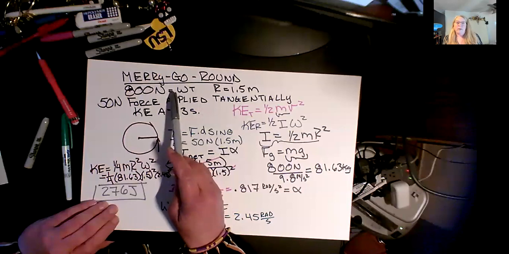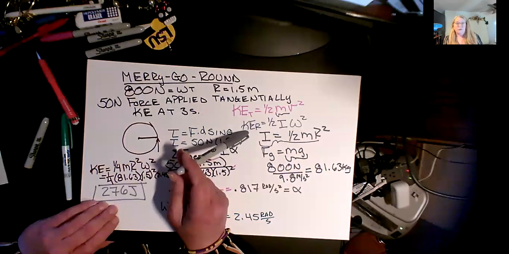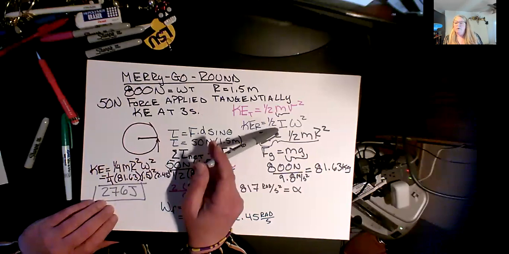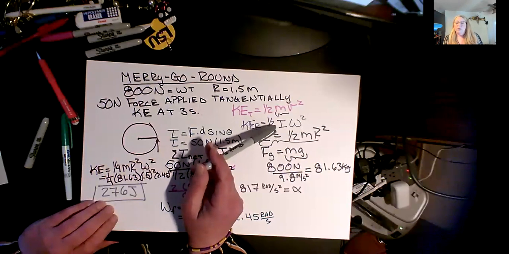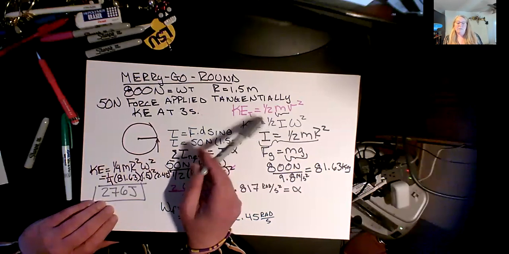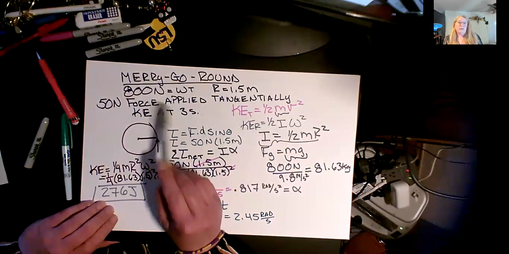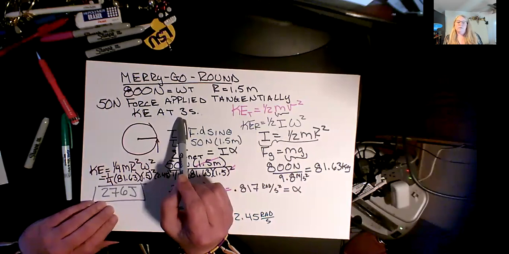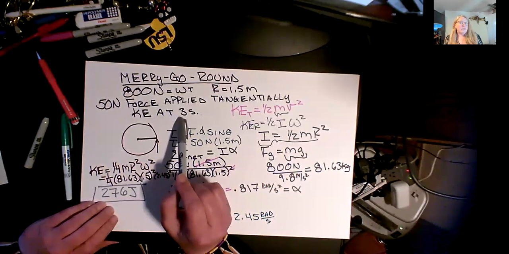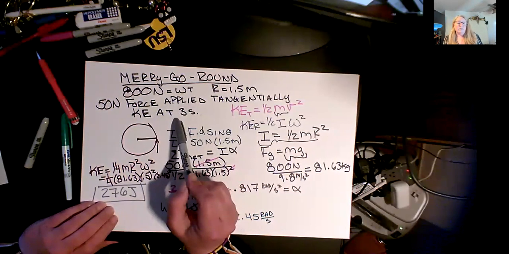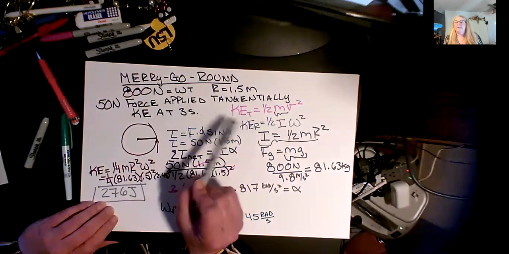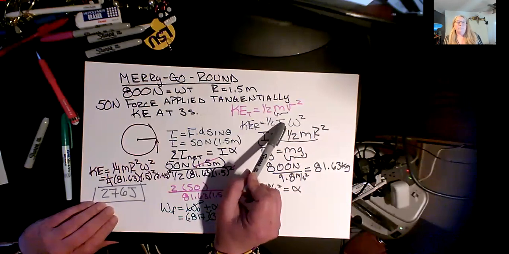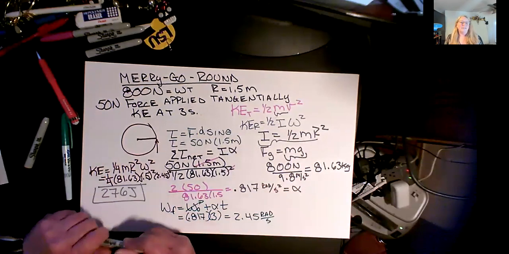Well, it gave me its weight, so I can get to its mass, so I can get to its inertia, no problem. Do I know omega? No, I don't. Okay, so what information have I been given? Well, there's a force that's been applied and an amount of time that force has been applied. So if I know that, then that tells me I can get to acceleration or alpha. If I have that and I know the amount of time, then I can get to omega, so I can get there. I can start pulling all these things together. You got it.